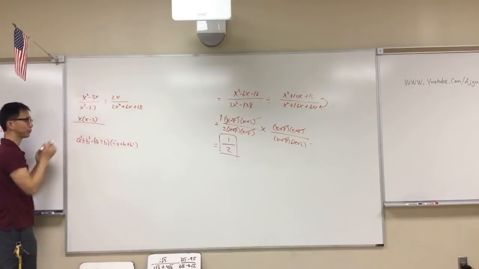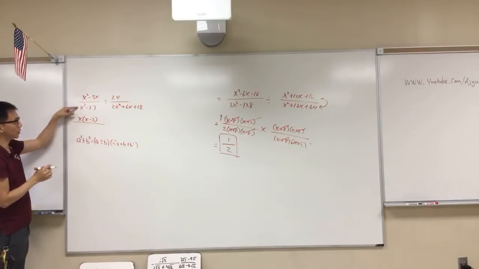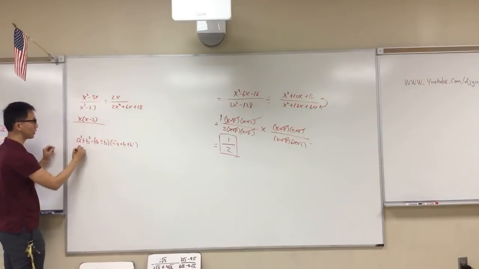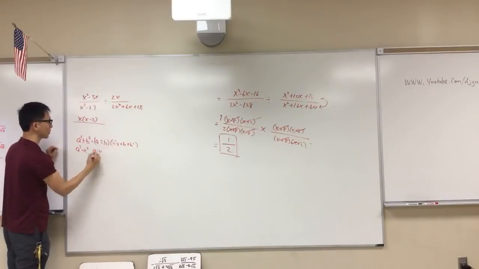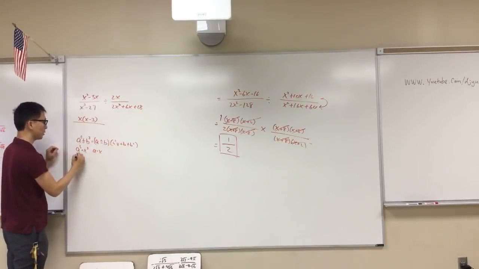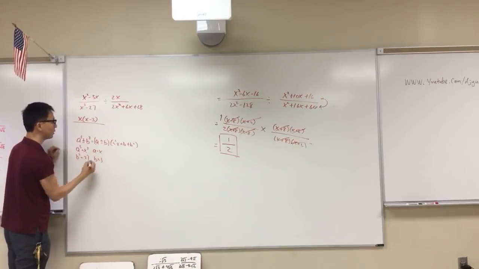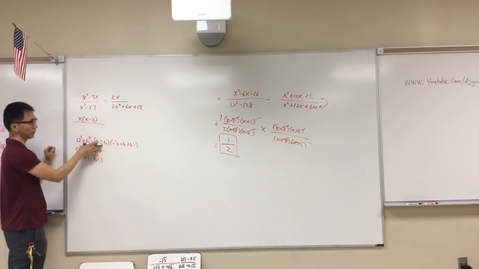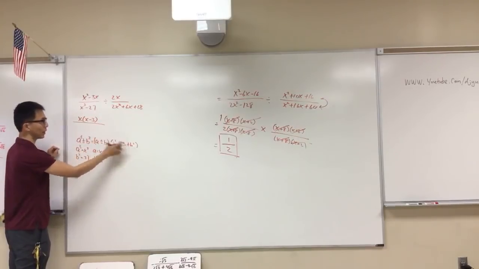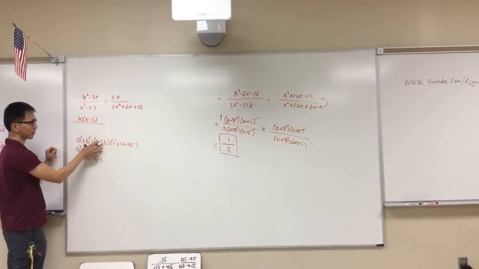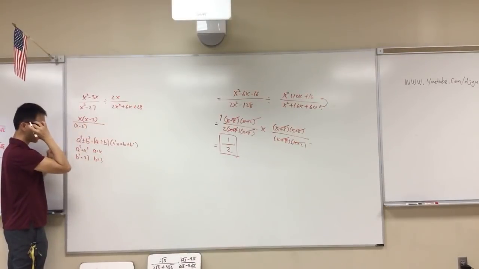For this one, a cubed is x cubed, so a must equal x. b cubed is 27, so b must be 3. And then we use the negative one: negative, positive, positive. So we just follow the formula, so it's going to be x minus 3 times what?